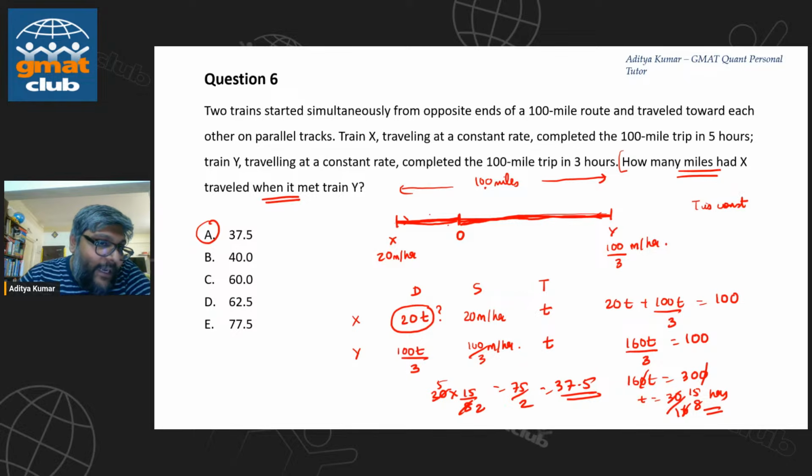I can definitely eliminate C, D, and E, as I showed you. I could have taken 40 and I could have taken 37.5. I would have started with 40, put in all the data and seen if all the working would ratify with the information that is given to me. And I can eliminate. But remember, all those alternative strategies and alternative shortcuts are very few and far between.